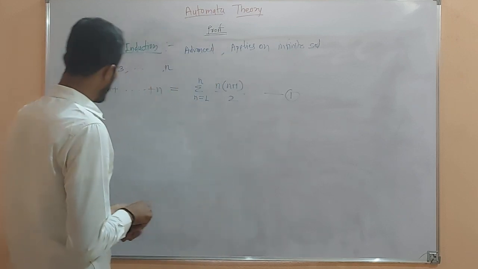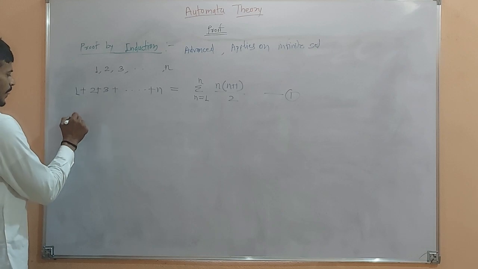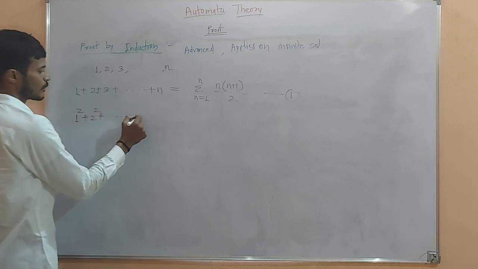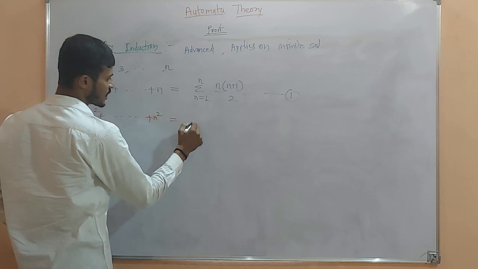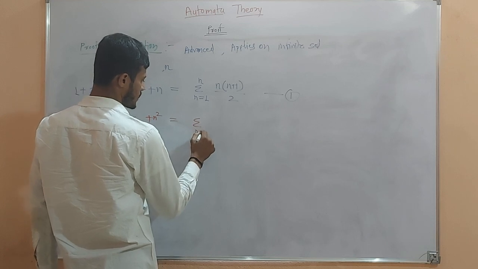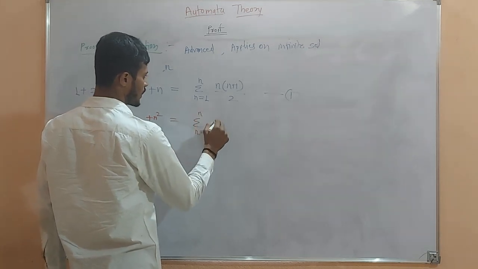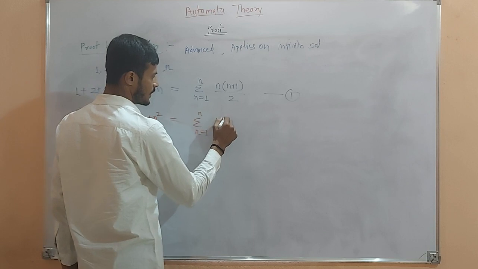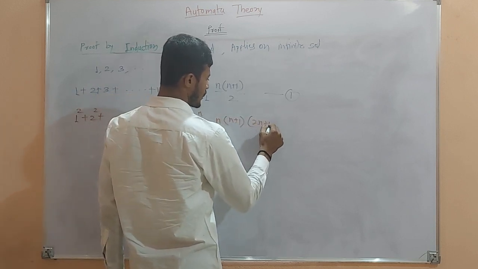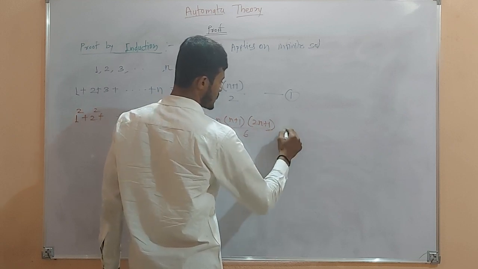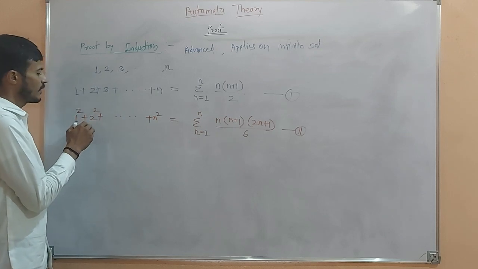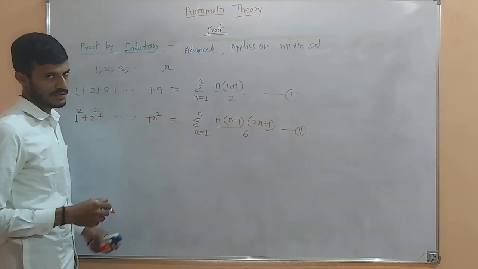Also, some other formulas are like this: 1 square plus 2 square plus up to n square, which is nothing but summation of i squared from 1 to n, equal to n(n+1)(2n+1)/6. That is for the summation of squares of the first n natural numbers.